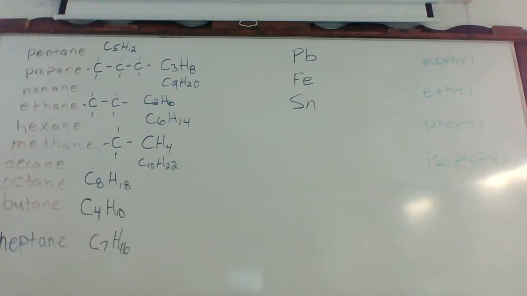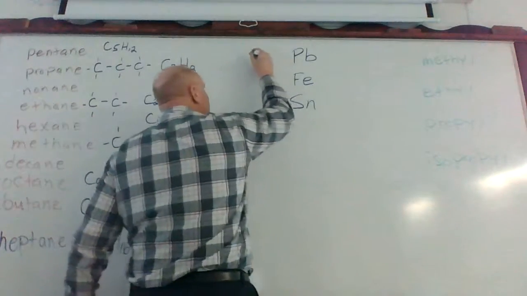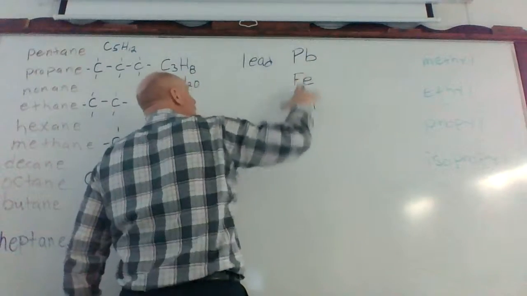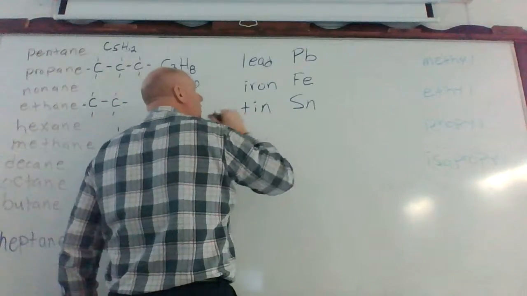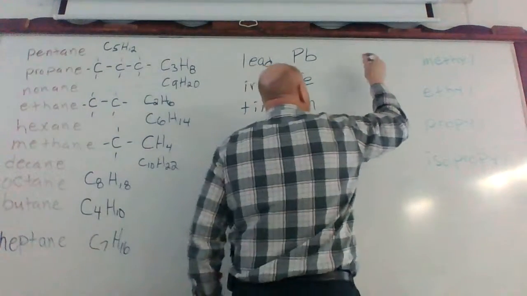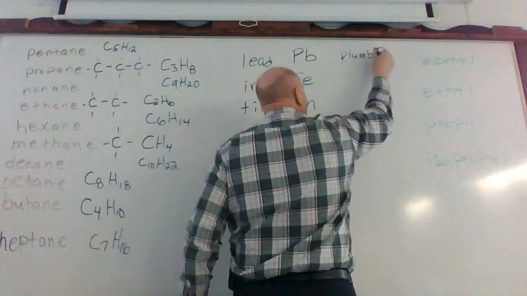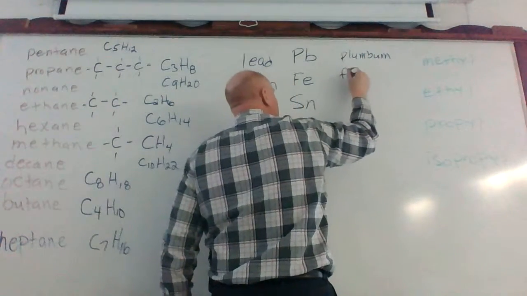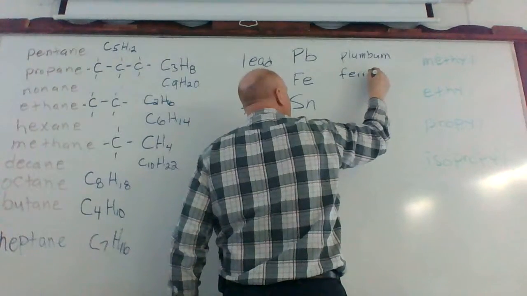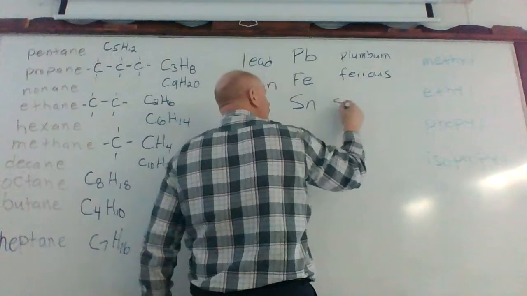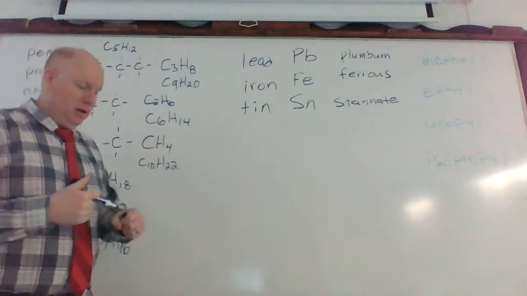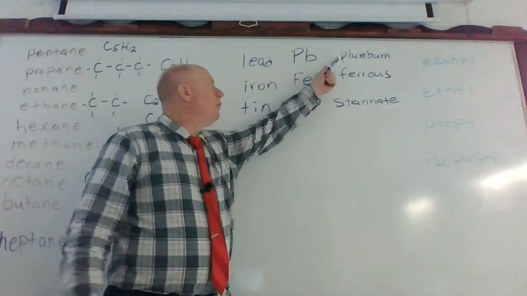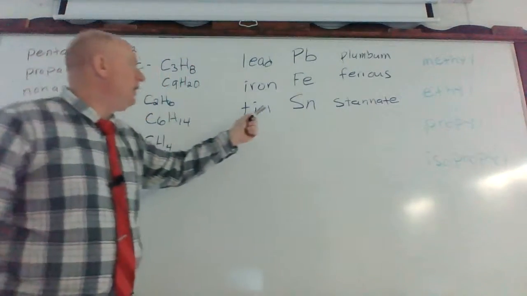It's Latin terms, which I wouldn't expect you to know, but you had said that this is lead. Now, you don't need to be writing this down. This is iron. Of course, this is tin. But when you look at the Latin terms, Pb is plumbum, Fe is ferrous, I think, F-E-R-O-U-S, I believe, and then stannate. Okay? So these are the words in Latin, and this is the English translation then.